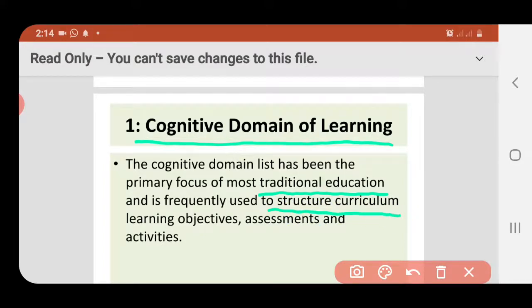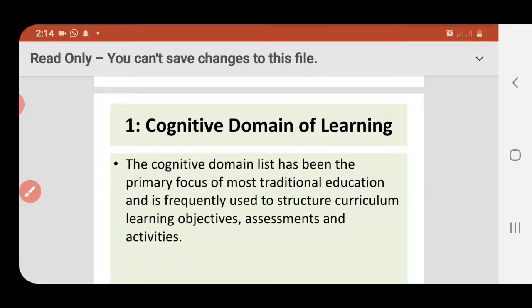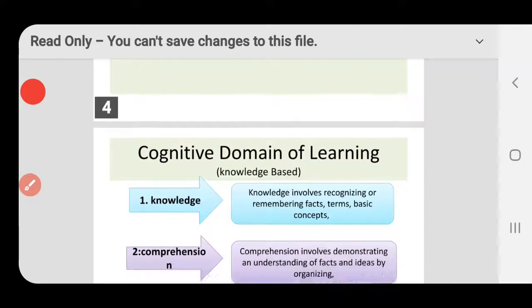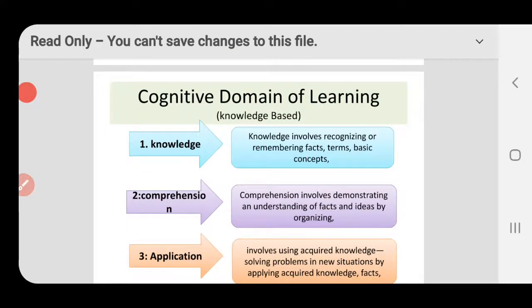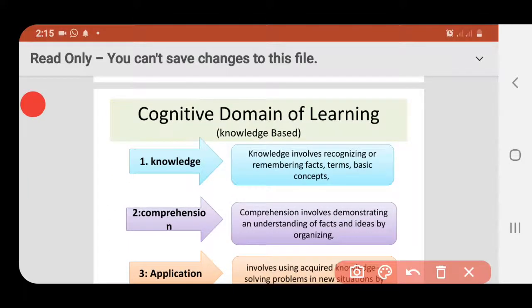For what purpose is this cognitive domain used? For structuring curriculum. So the first is learning objectives, then making assessments and making activities.